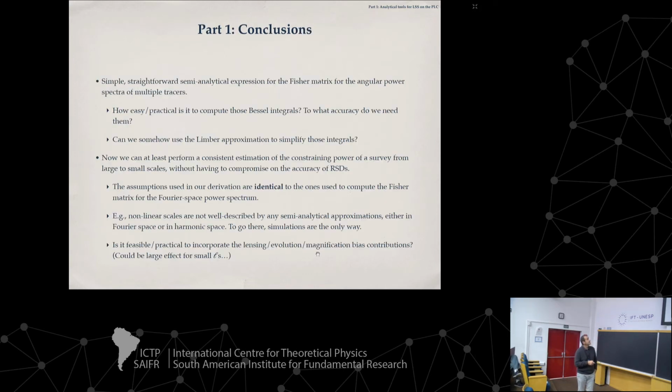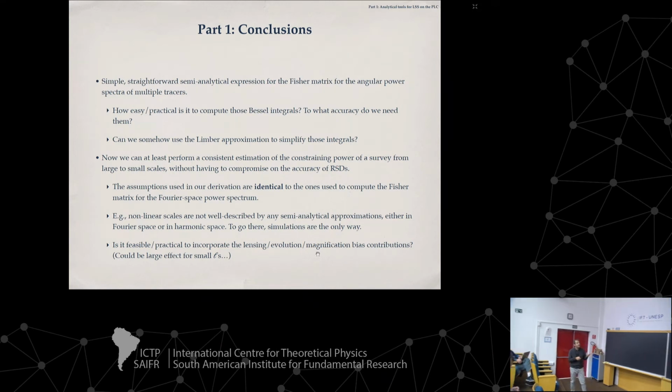Okay, so basically, this is simple and straightforward. It doesn't look that simple, but given a certain model, for which you always have to provide a fiducial model, the integrals are actually straightforward with the present tools that we have. So the question is, to what accuracy do we need these? Can we somehow use the Limber approximation to simplify those integrals?